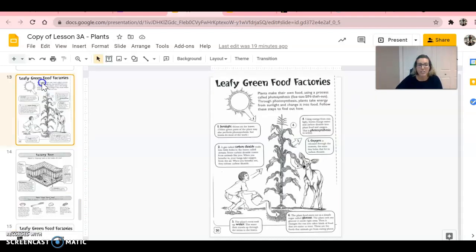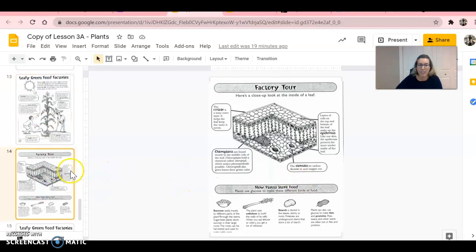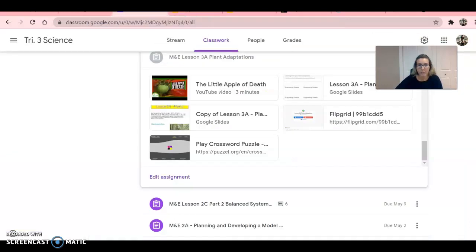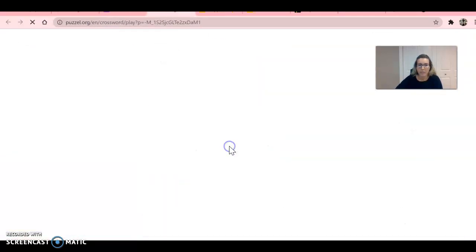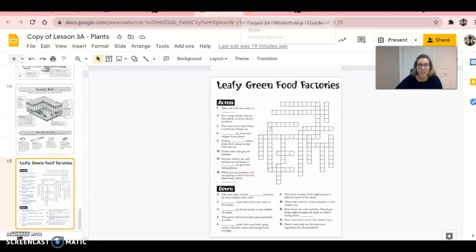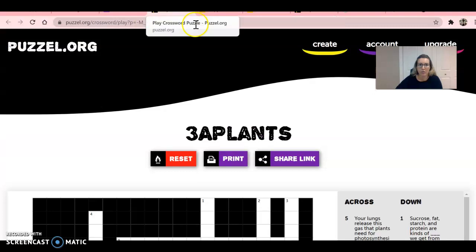Finally, you're going to use these 2 pages to help you complete a crossword. I actually have created this crossword into an online version so that you can use it online. Go to the link, Play Crossword Puzzle, open it up, and the same exact questions are going to be on your crossword puzzle.